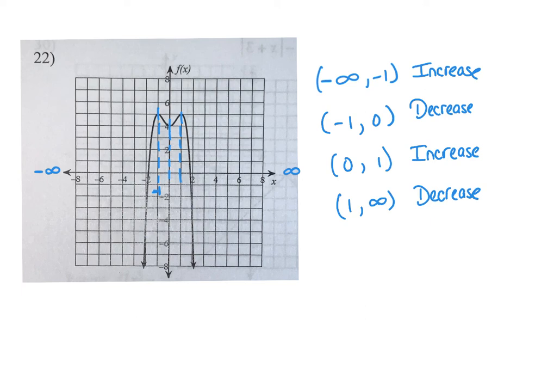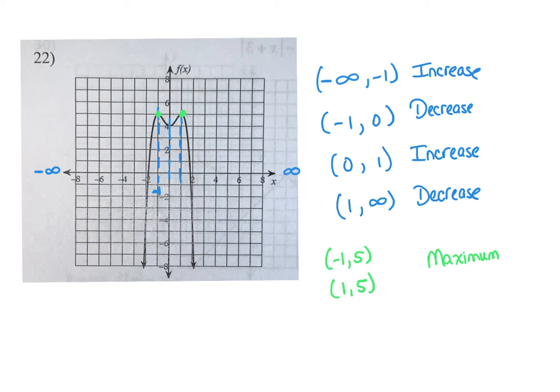The next one are your max and mins. All right, so we have maximums. Well, these are maximums, those 2 points right there. So I need the actual point. So at -1, 5, and at +1, 5, I have a type of maximum, and then I need to tell what type of maximum.